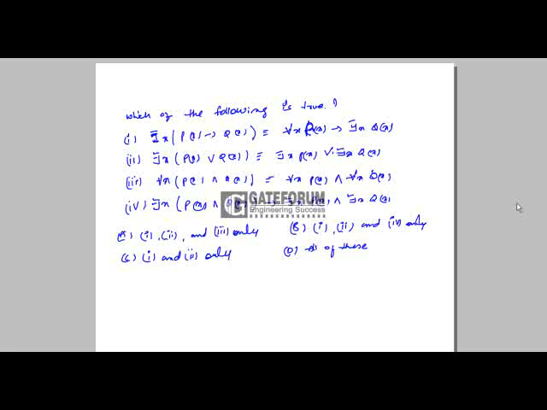Third one: for all x, P(x) and Q(x) is equivalent to for all x P(x) and for all x Q(x). And the fourth statement: for all x, P(x) and Q(x) implies there exists x P(x) and there exists x Q(x). So these are all properties of first order logic and all the given properties are true. So here the correct option is option D.